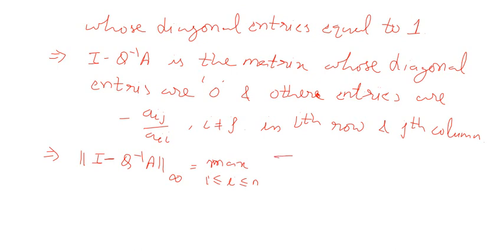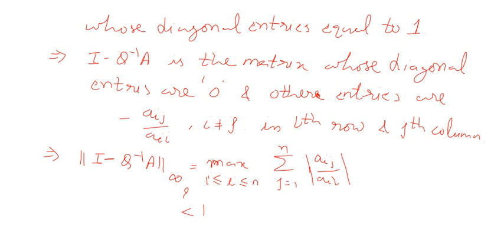So summation over j from 1 to n of mod of a_ij by a_ii, right. Now from here what we require is that this is less than 1, for what type of matrices?